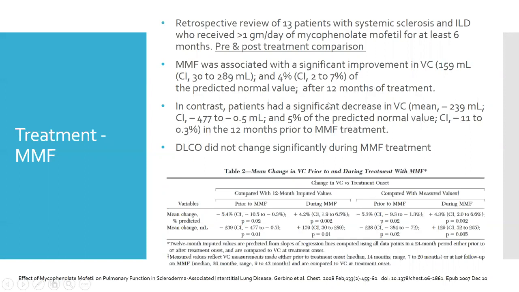The following year, when they were given mycophenolate, they had a significant improvement in vital capacity by almost 150 cc's. So this was an important, although small, retrospective study, but the pre- and post-treatment differences were quite obvious, showing some promise for mycophenolate. The diffusion did not really change though.